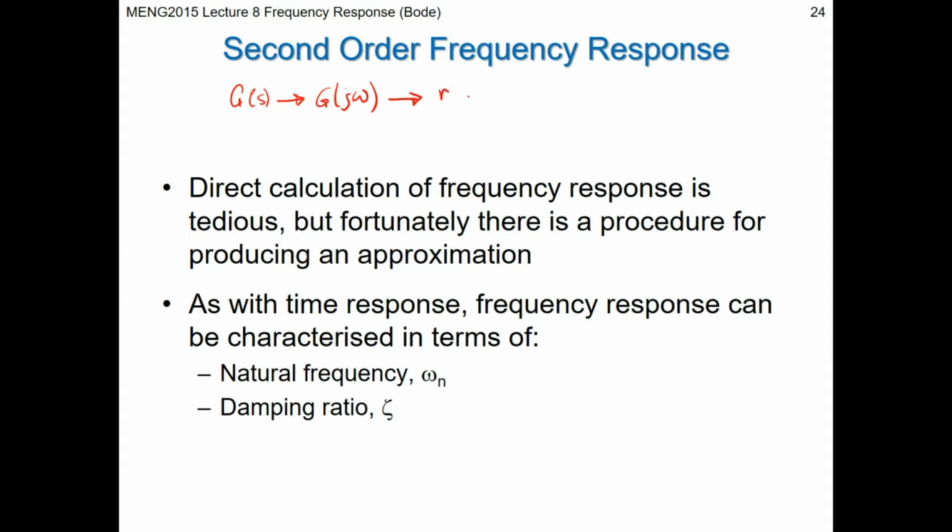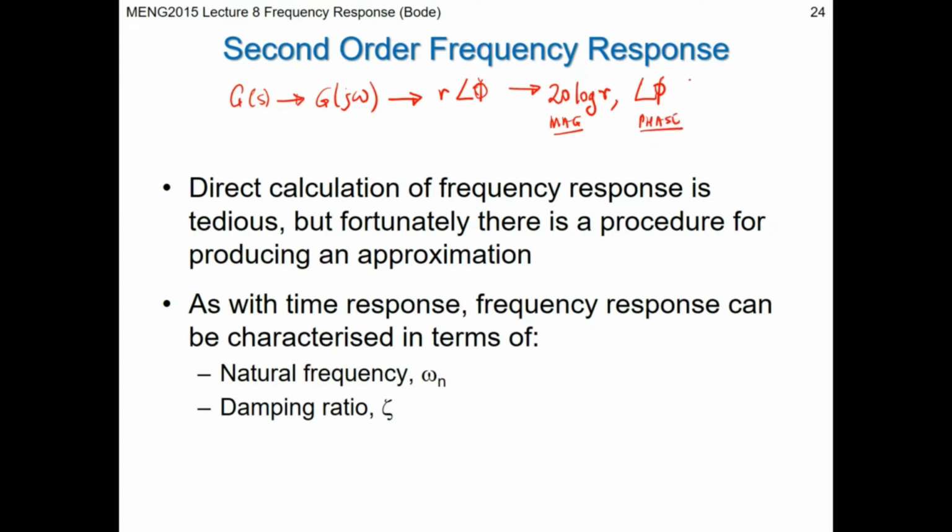That can then be expressed as r theta, which is magnitude and argument, or the form we tend to use, which is 20 log r, and a separate expression for our phase angle phi.